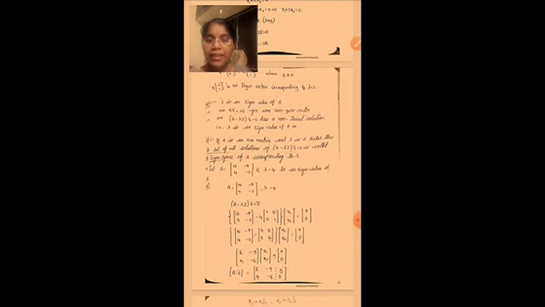Then the eigenspace definition: the set of all solutions of (A minus lambda I) x bar is equal to 0 is called the eigenspace of A corresponding to lambda. Okay, what does it say? The eigenspace is the set of all solutions of (A minus lambda I) x bar is equal to 0. It is called the eigenspace corresponding to lambda.